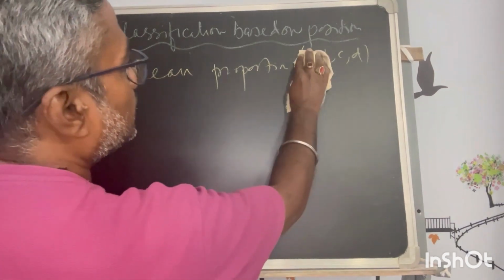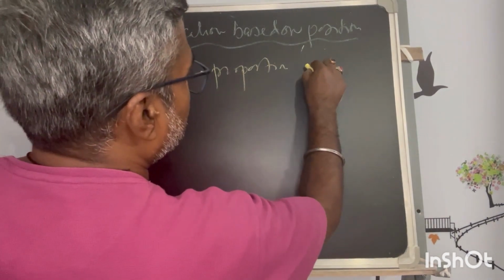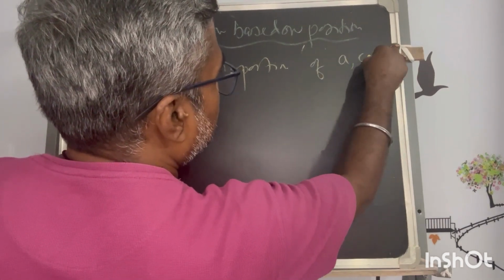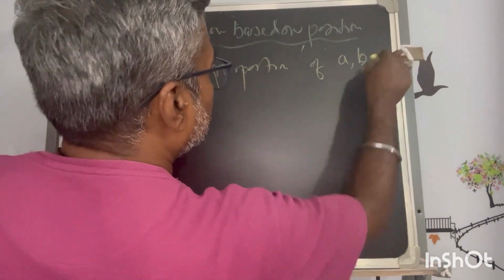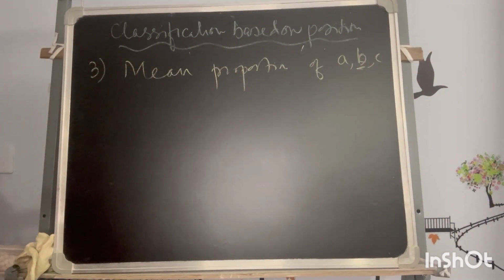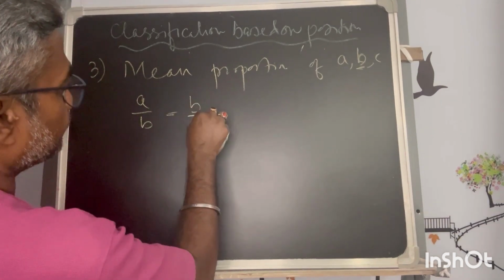But it is possible that you find the mean of two quantities. Now there are a, b, c only, so then b will be your mean, and you have to place it as a by b is equal to b by c.